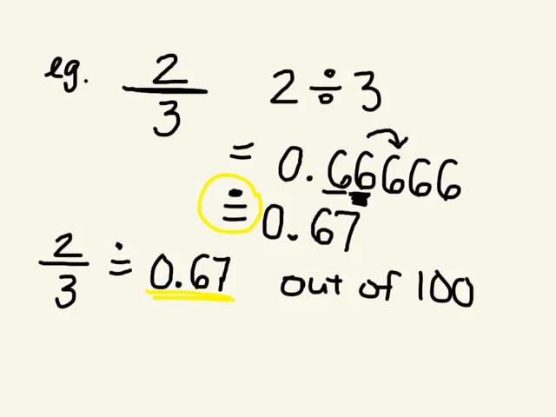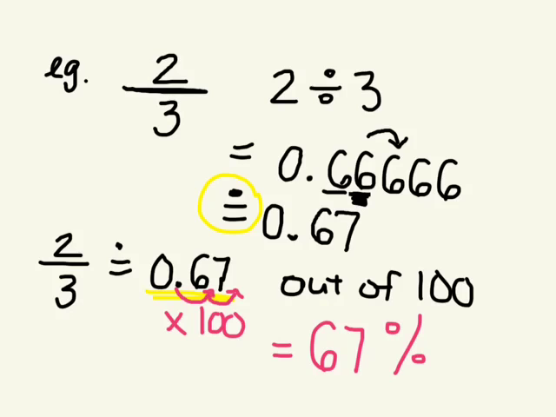Because percent's out of 100, I'm going to multiply this by 100, or when you're working with decimals, you can just move the decimal 2 places to the right. Have you learned that? Yeah? And what do we get? What's 0.67 as a whole number? 67. 67%. Okay, so 2 out of 3 is approximately 67%.